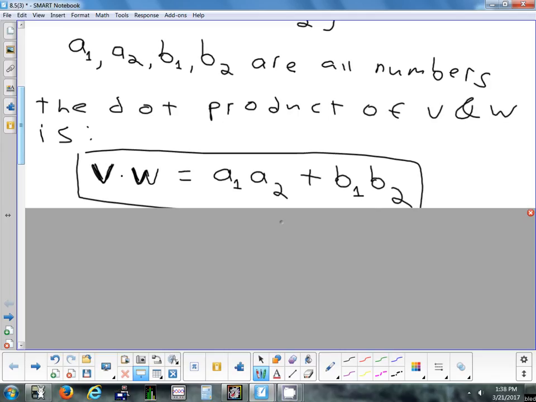So what I just showed you is how to multiply a vector times a vector. We've never done that. We've multiplied a number times a vector, which is just scaling a vector. This is multiplying a vector times a vector, and specifically, multiplying two vectors using what's called a dot product.